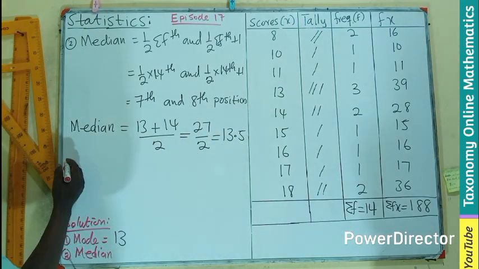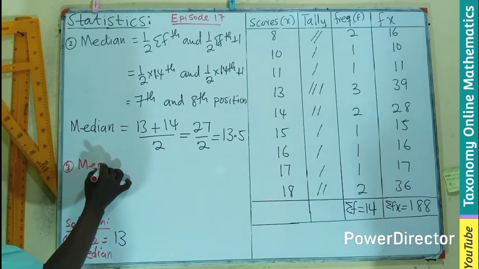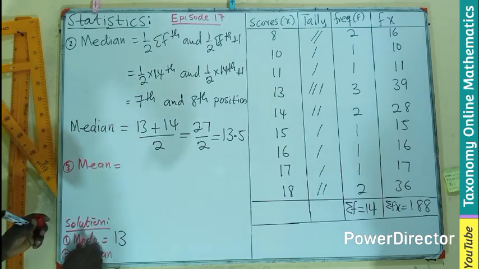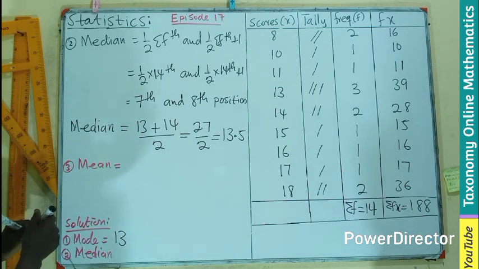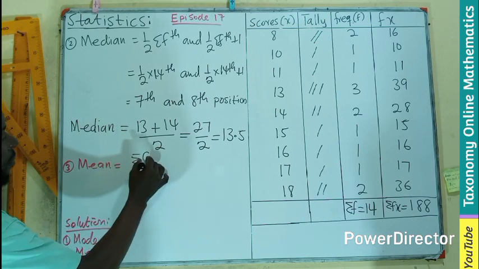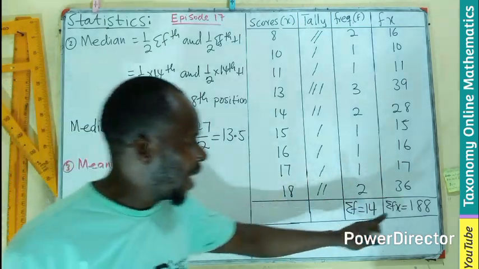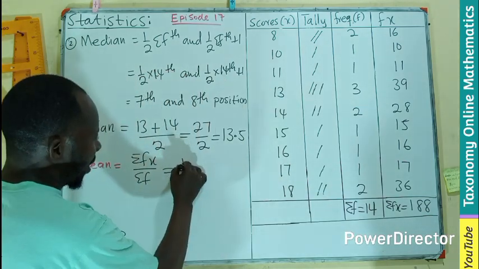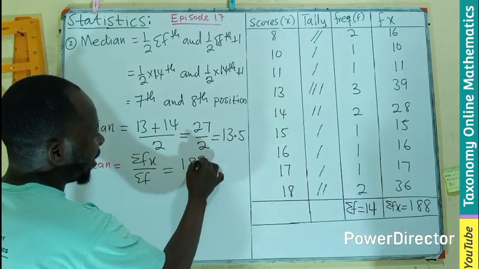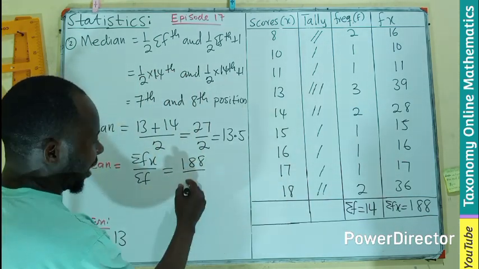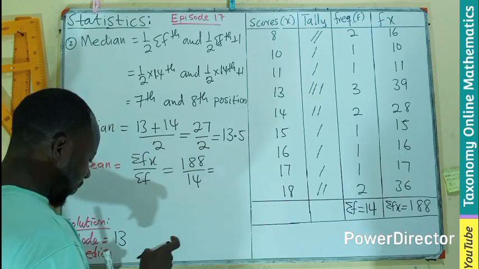How about the mean? How do we find the mean? We know that the mean is sigma fx over sigma f. So sigma fx is 188. Then this is 14.